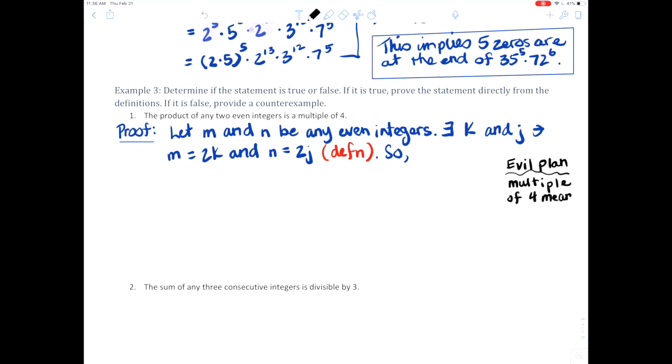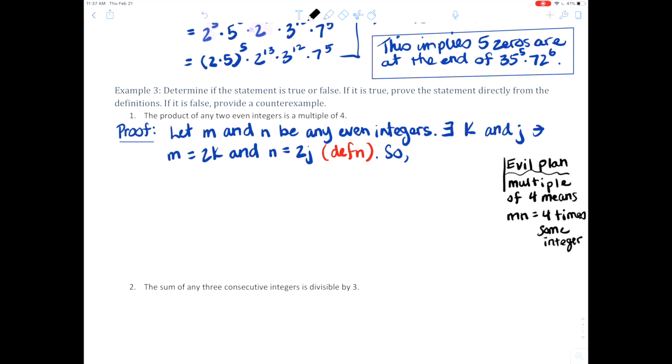Means that we need to show what? We need to show that m times n equals 4 times some integer. Right?